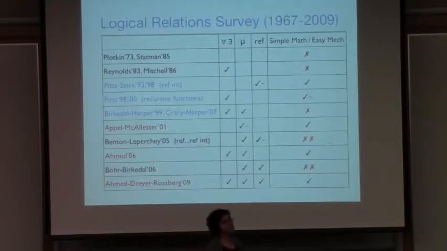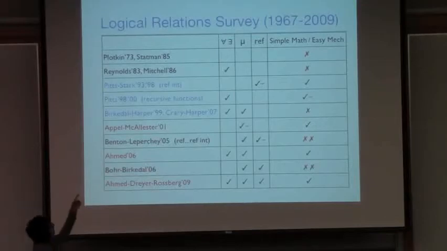They cut down the space of the features that they had to model, or the language that they had to model, so that it wouldn't get super complicated. The work by Pitts and Stark, '93, '98, is really, really nice. They decided to say, okay, fine, we don't care about storing functions in the heap, we're just going to talk about references to integers, the most basic thing.